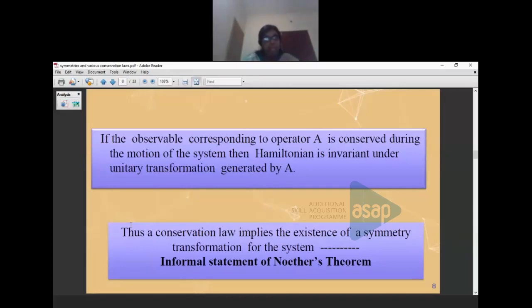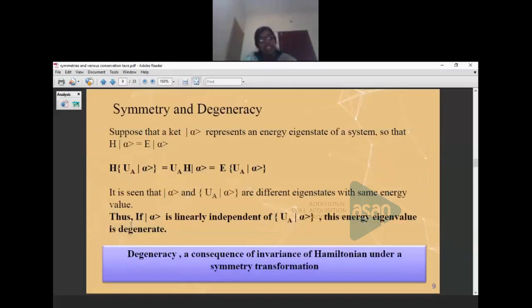Now, moving to the next topic, symmetry and degeneracy. How are symmetry and degeneracy related? Let us see. Suppose we have a ket alpha representing an eigenstate of a system, such that H alpha is equal to E alpha. No problem.